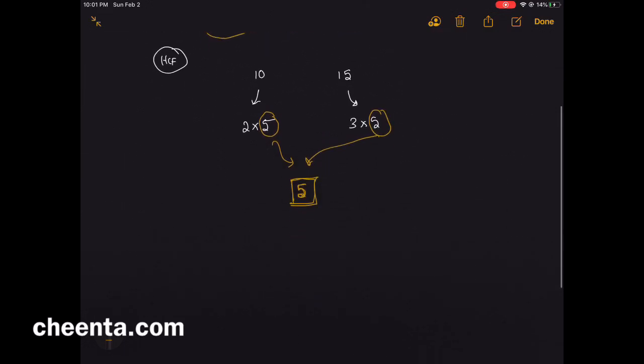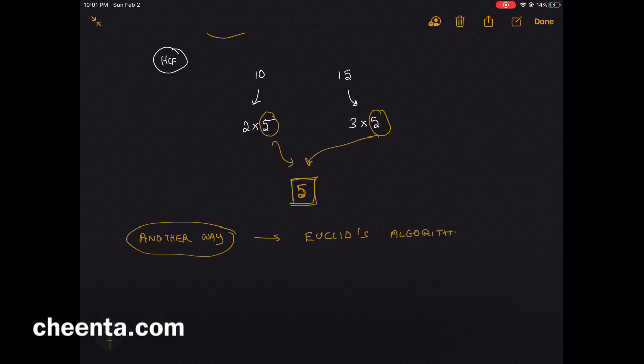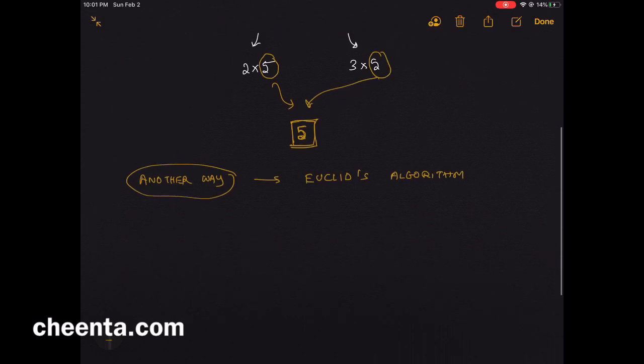Now there is another way, and that is sometimes more useful. That other way is called Euclid's algorithm. Let's use the same example to illustrate what's going on. So suppose we have 10 and 15.